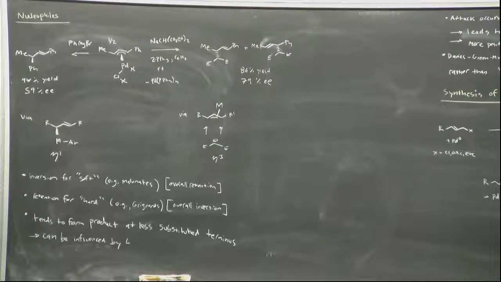Okay, let's now turn to problem of the day number 2, which will serve as a springboard for a discussion of regioselectivity trends. So here we have a diaryl substituted allylic acetate.